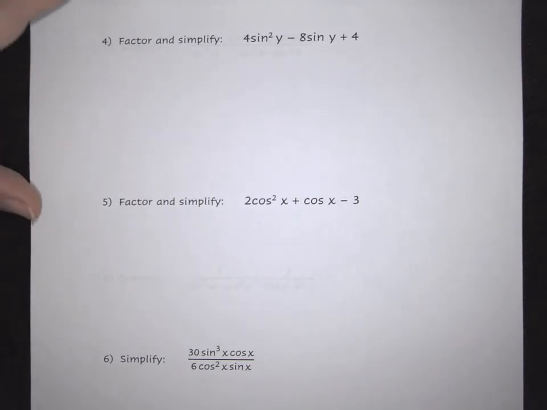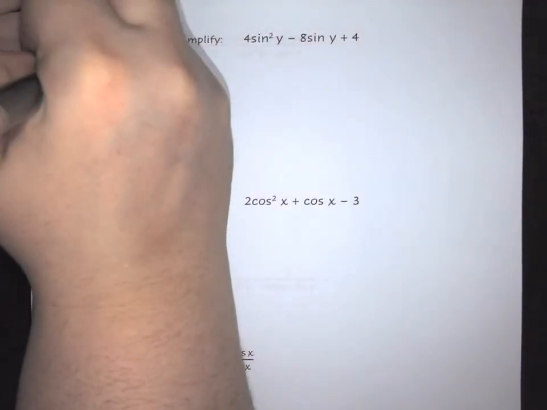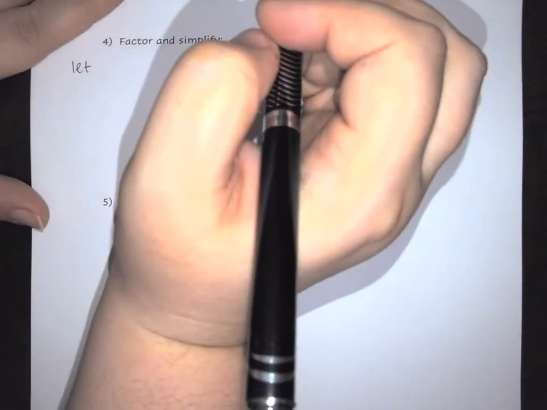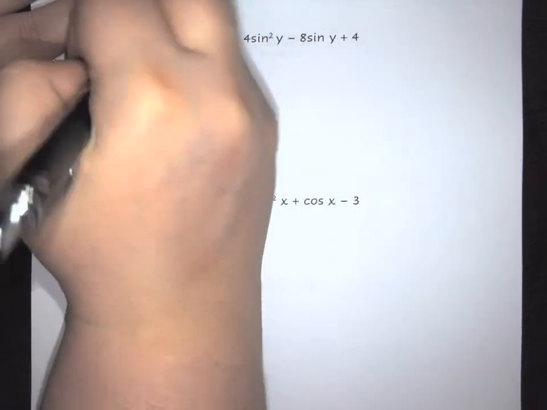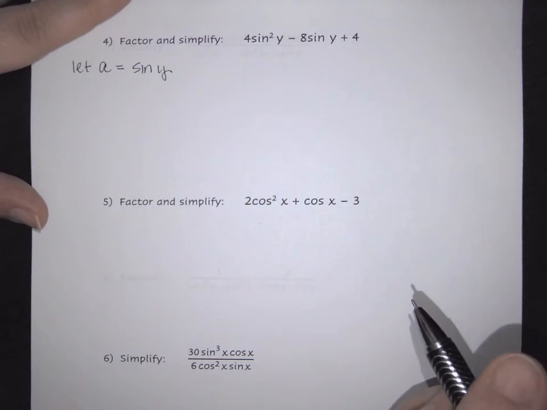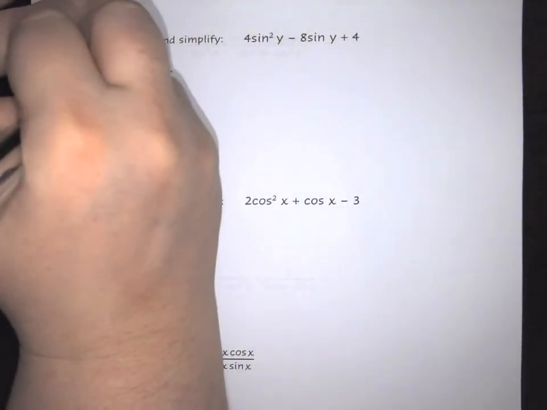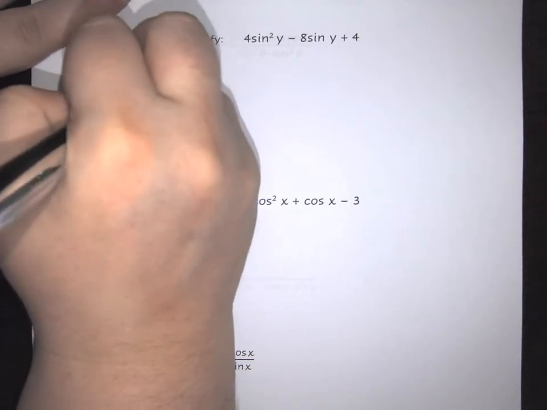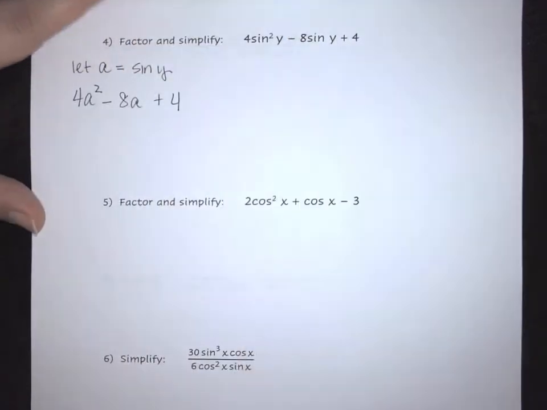So here, I'm going to say, let a equal my sine of y. So when I do that, I can rewrite my equation. It now would say 4a squared minus 8a plus 4.